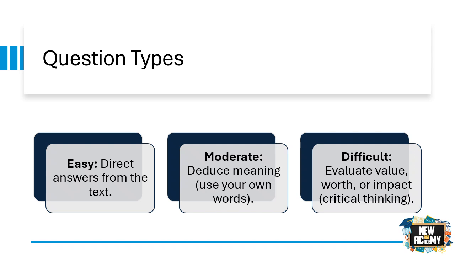So here, in moderate, you explain in your own words. On difficult, you evaluate, you judge the value, the worth, or the impact. So, all in all, comprehension is not just about finding answers, it's about thinking critically.